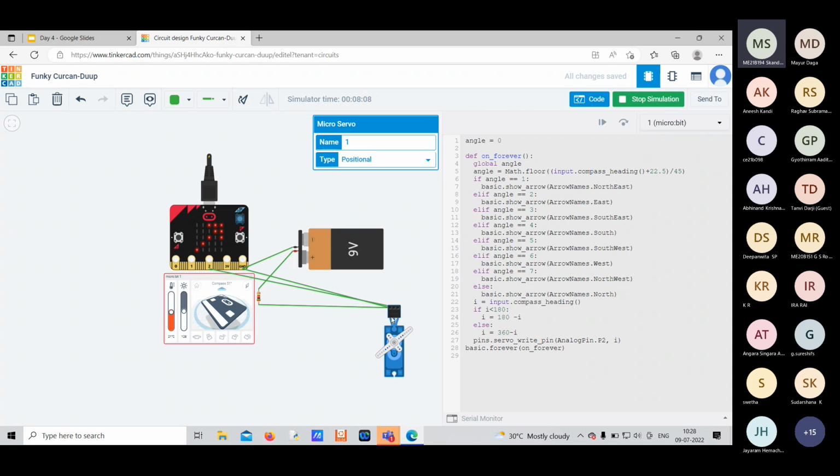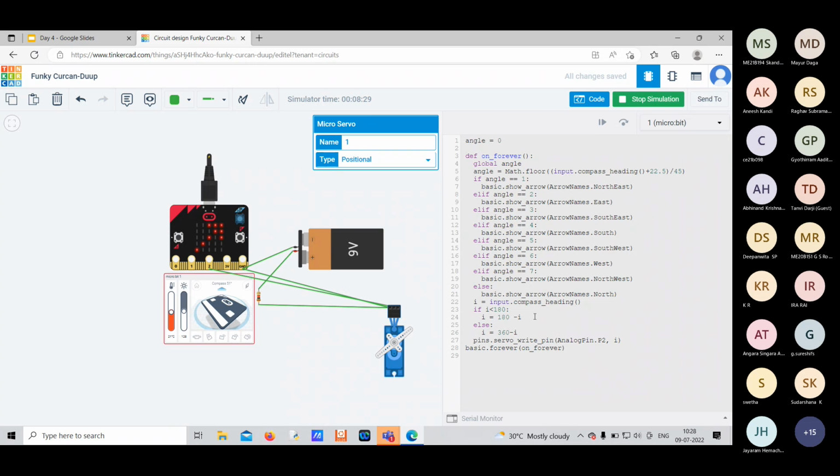Second problem was it was rotating in the anti-clockwise direction, although we were traveling in the clockwise direction when you twisted your micro:bit. So in order to address that problem, I brought in the condition of i less than 180. And the third problem was the servo can rotate only from 0 to 180 degrees.